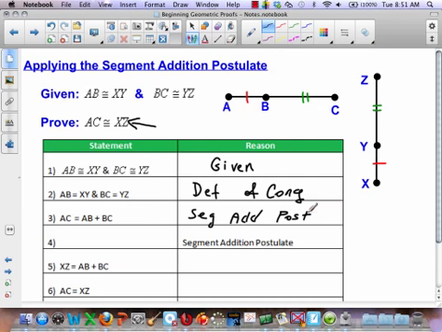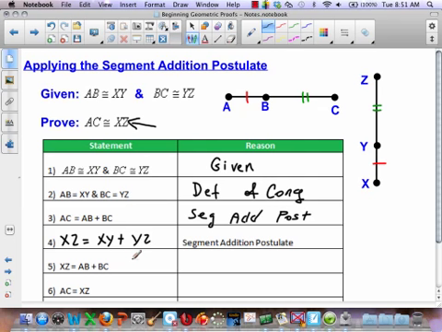What do you think we should do next? Define XZ. Exactly. XZ is equal to XY plus YZ. So again, we're now defining our 2 segments here.